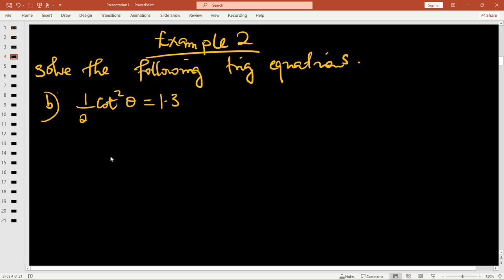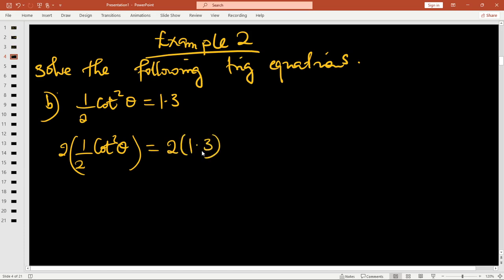To get rid of this fraction, this has been put in order already, so you can just multiply the whole equation by 2. So if you have a 2, you multiply it by 1 over 2 cot squared theta. You do the same thing on this side, 2 multiplied by 1.3.